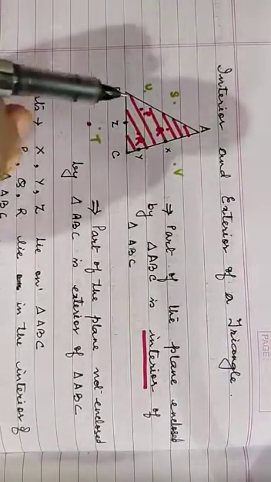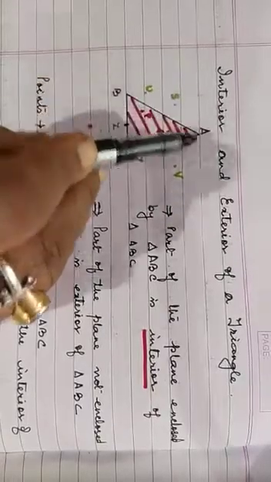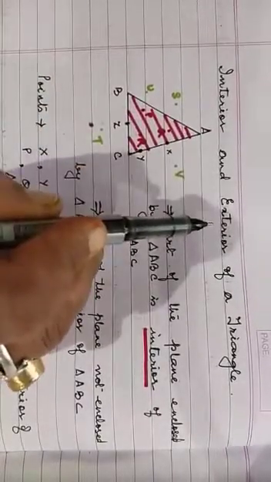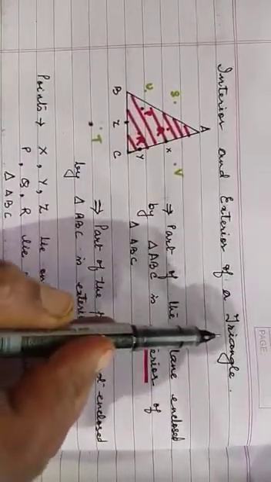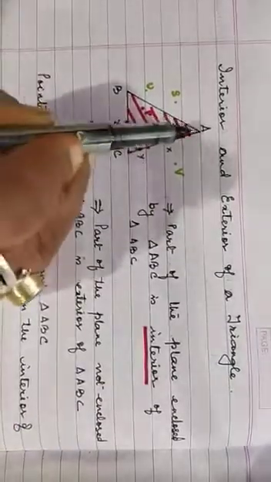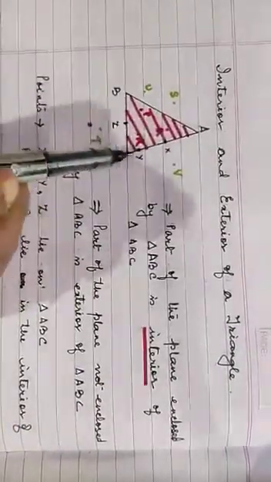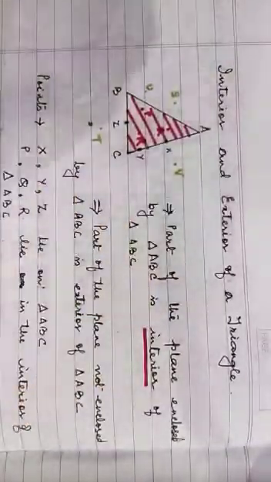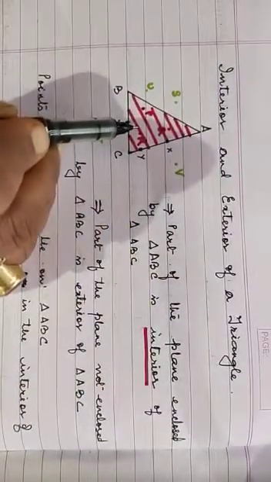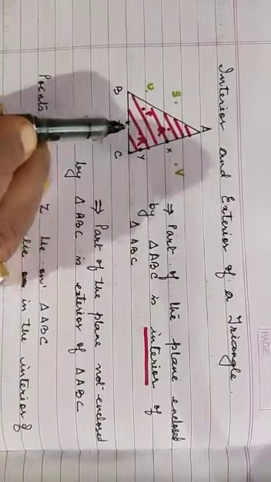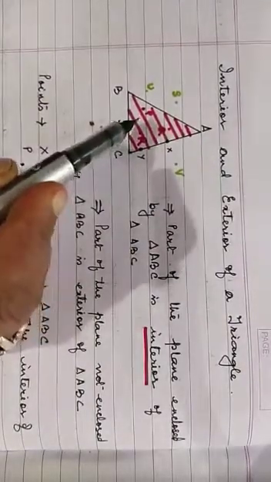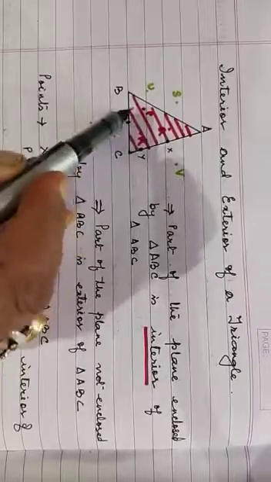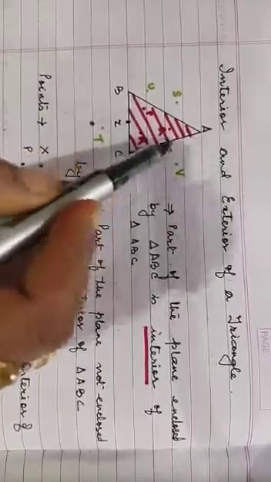Now, coming to interior and exterior of a triangle. Look, ABC is the triangle. The interior of the triangle together with the boundary forms the triangular region, that is the interior along with the boundaries AB, BC and AC.